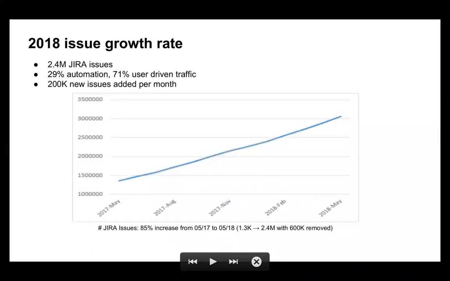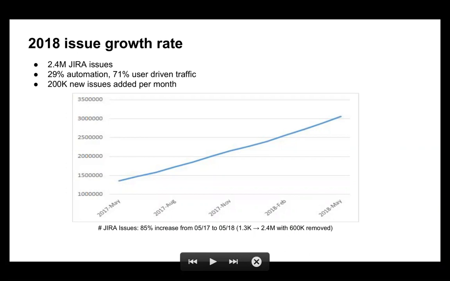But coming to 2018, that has changed. As you all see in the industry, automation became a very big thing in terms of growth and scaling. Now 70% of our issues are coming in through automation, while 30% come from users, and the number of issues in our instance jumped to 2.4 million.